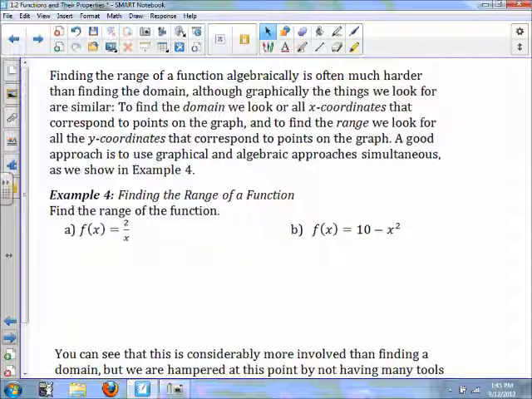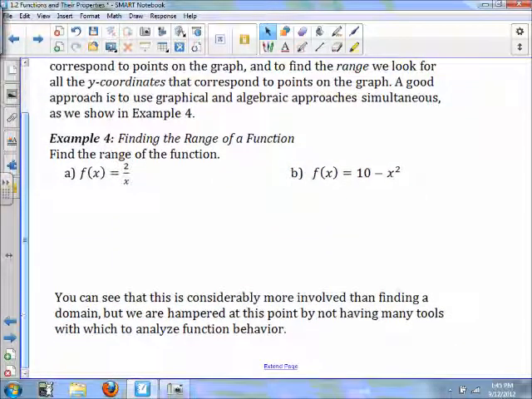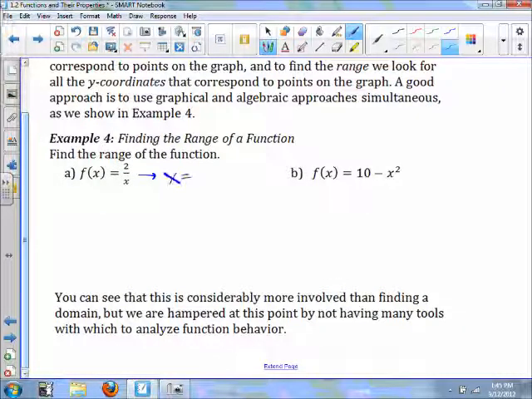Now in this case, find the range of the function. Well, because of this, we know x cannot equal 0, and we know y equals 0 will be the horizontal asymptote. Therefore, y cannot equal 0.